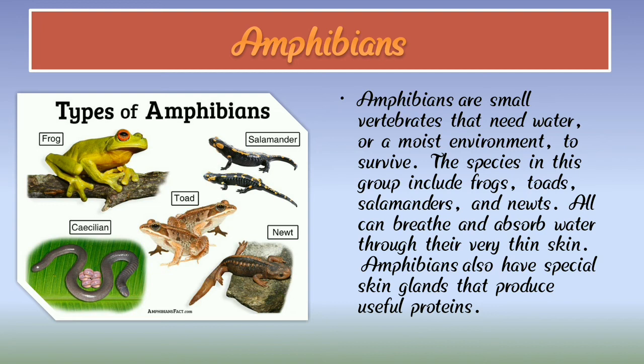They live on land as well as in water, and the species in this group include frogs, toads, salamanders and newts. All can breathe and absorb water through their very thin skin and also have special skin glands that produce useful proteins. So these all live in both land and water.